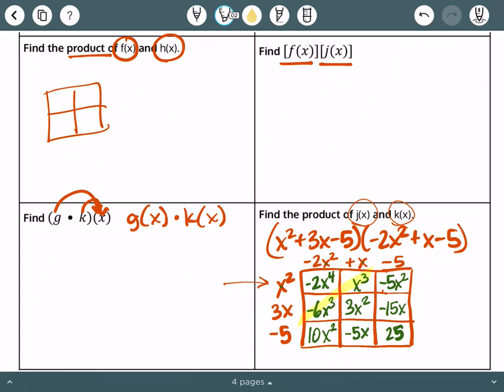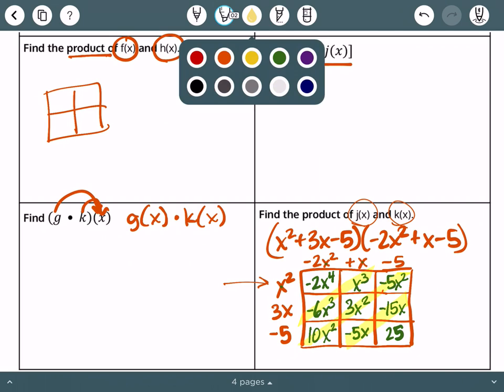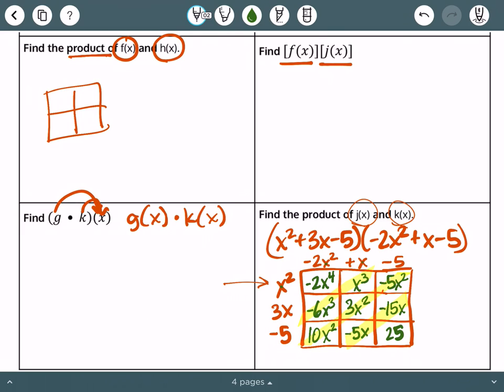So if I look here, I can see the x cubeds are all there. The x squareds are all here. The x's are all here. So when I write my equation, I'm going to go ahead and add those things together. So I have the negative 2x to the 4th from here. I'm going to add negative 6x cubed plus 1.